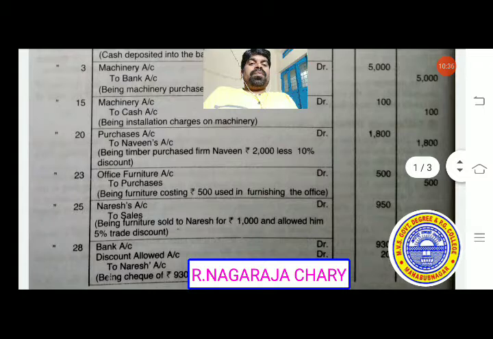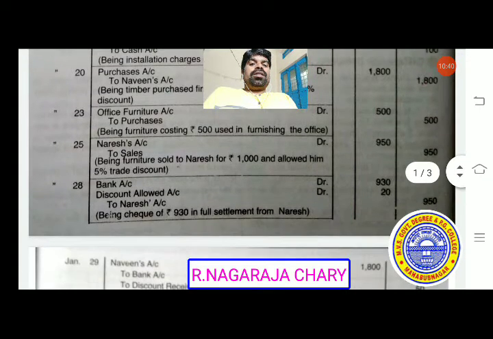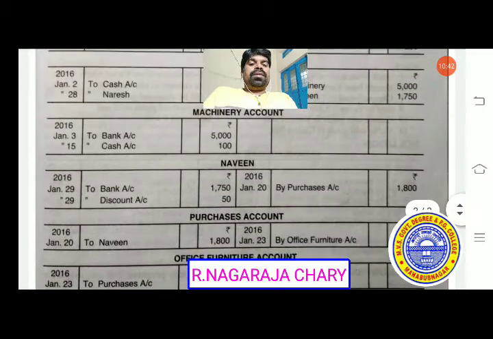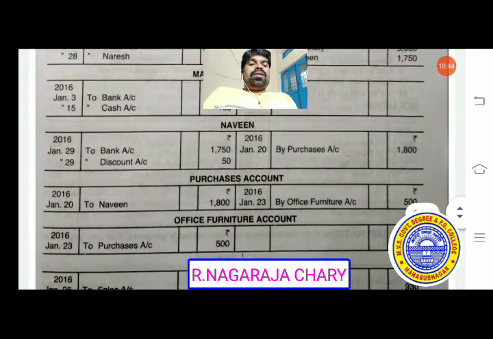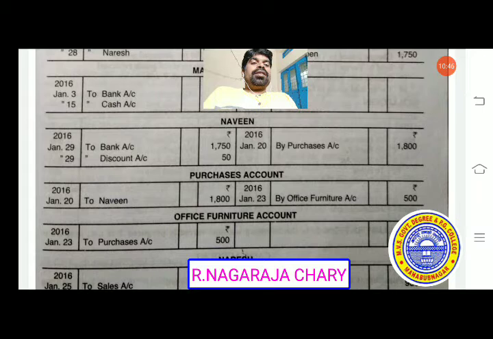Okay, next we see on the 20th, purchase account debit to Naveen account, that is 1,800 purchase account, right? You see Naveen account on the credit side, Naveen account is 18,000, purchase account on the debit side. So vice versa you have to write.